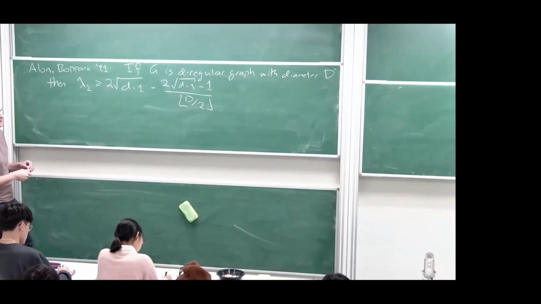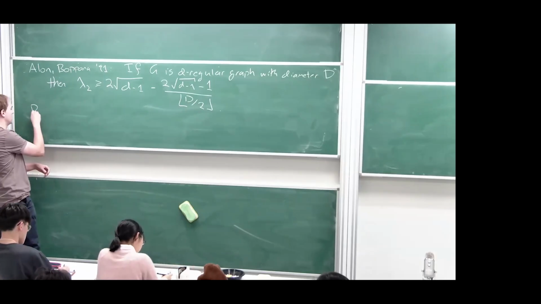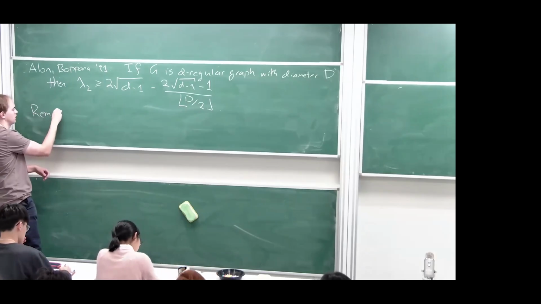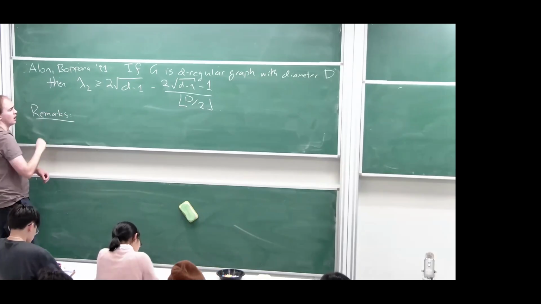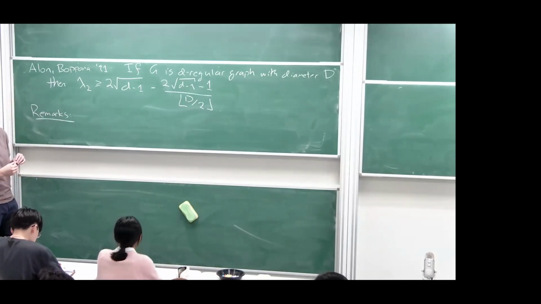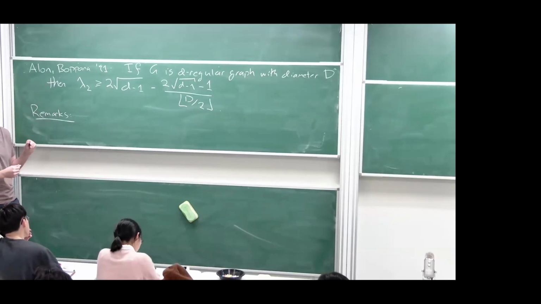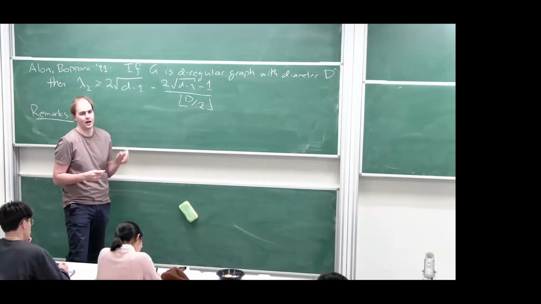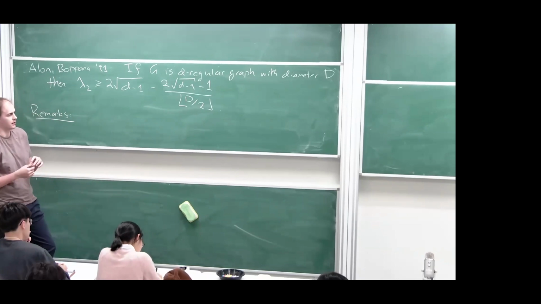So before moving on to the proof, let's discuss a little bit what this theorem means. First of all, this addresses all the regimes, regardless of whether d is constant or grows with n, as long as we keep this dependence on the diameter in the error term.